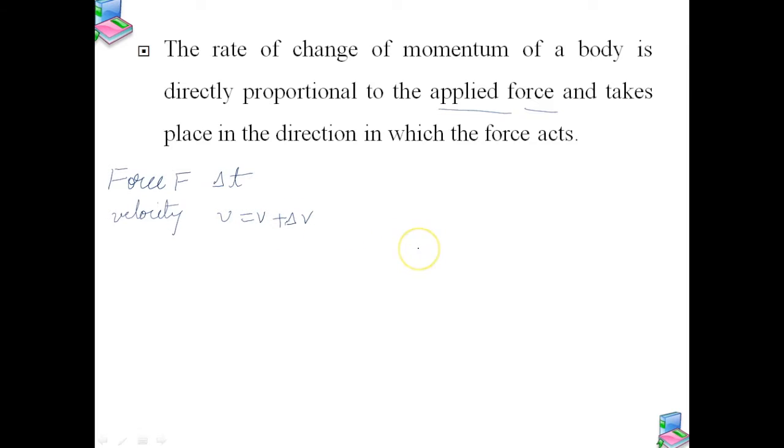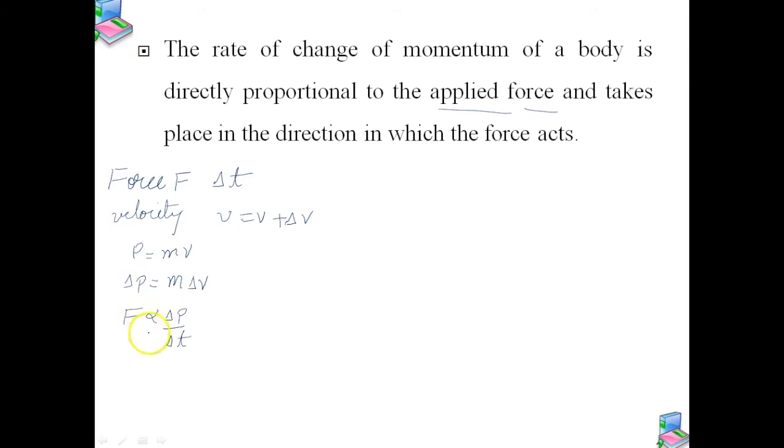Its initial momentum, we know, is given by the product of mass and velocity, p equals m v, and it now changes by delta p equals m into delta v. According to the second law, the force is directly proportional to the rate of change of momentum, that is given by delta p by delta t.